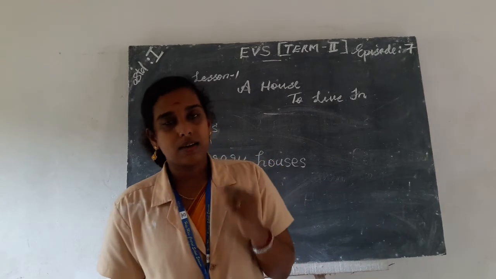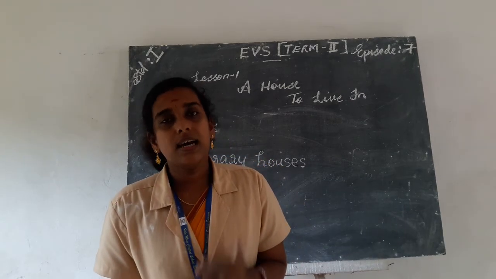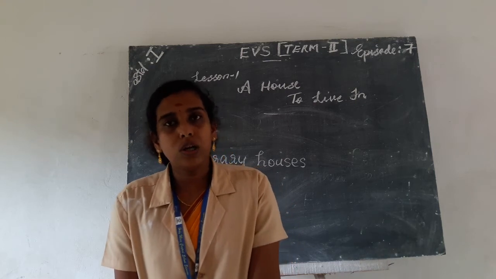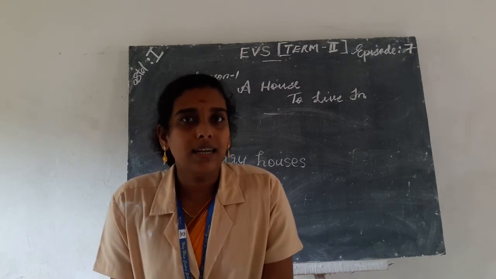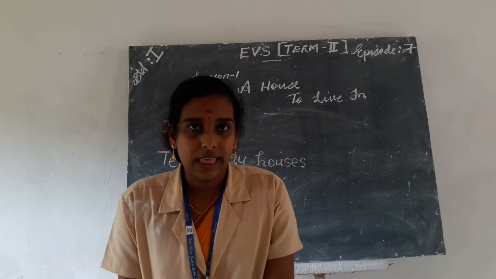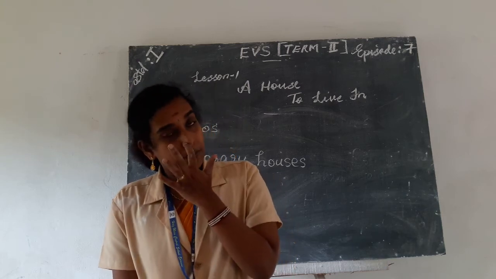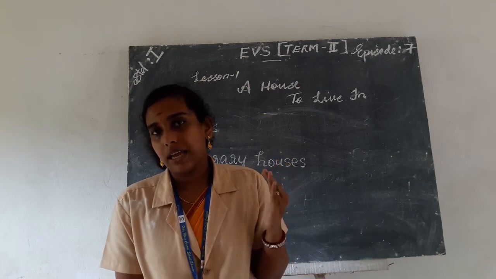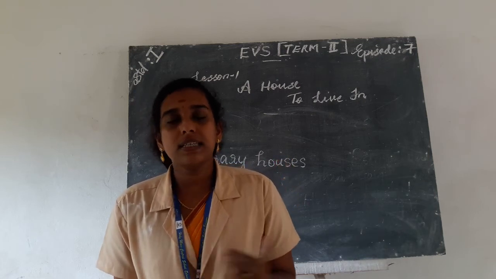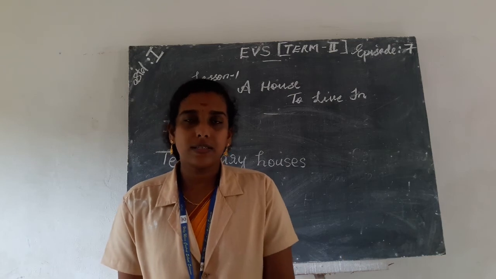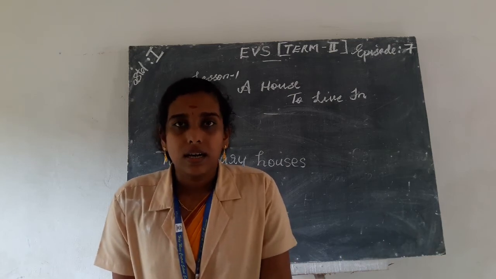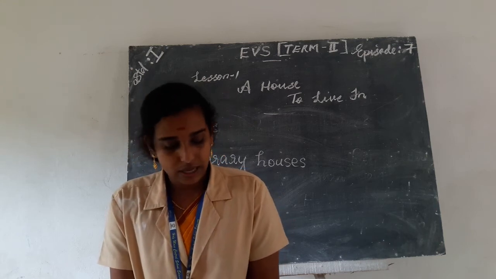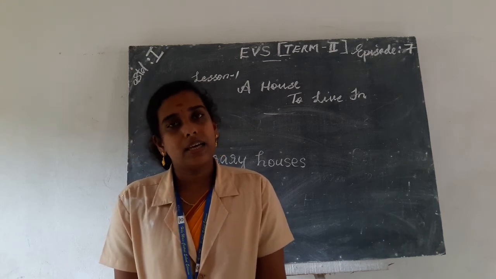A house gives us shelter and it also protects us from rain, cold, sun, stray animals and thieves. Cottage, bungalow and apartments are called Pakka houses, and huts and mud houses are called Kacha houses. And we live in a Pakka house. The early man lived in caves.